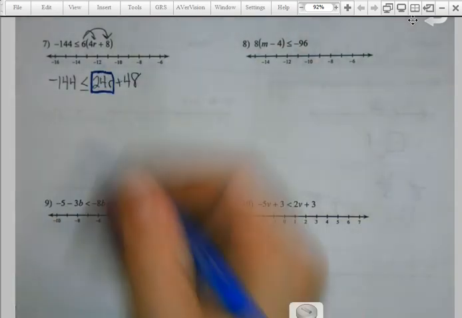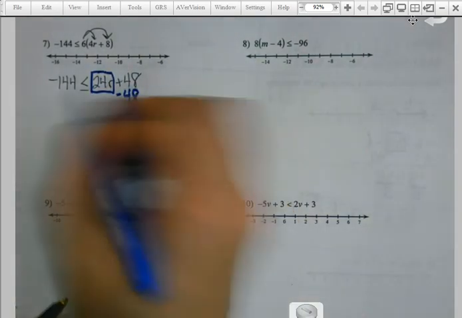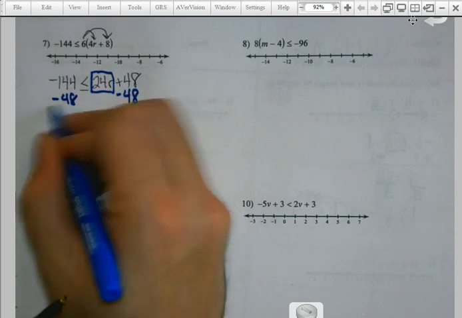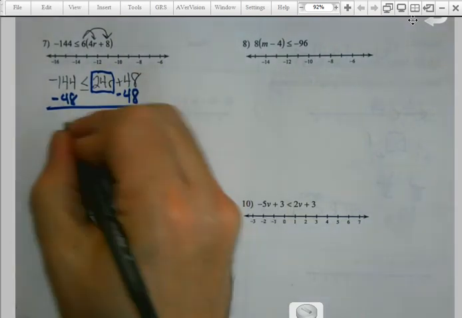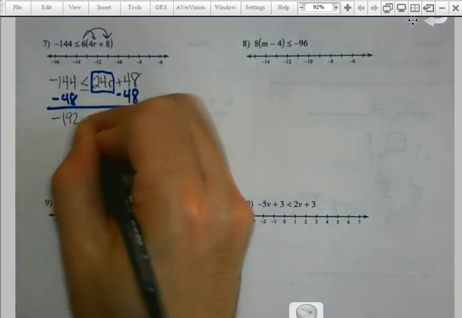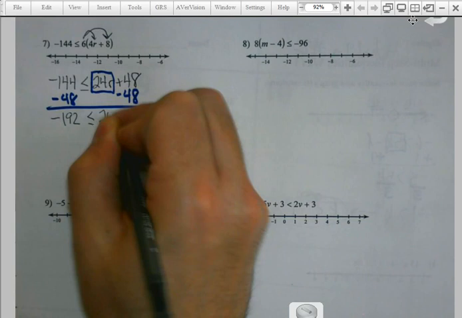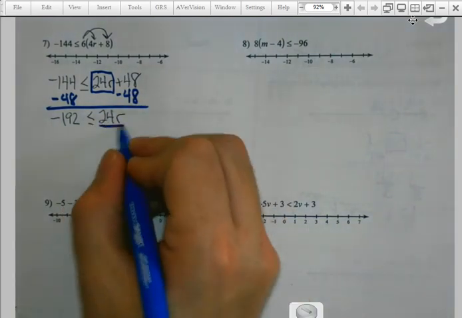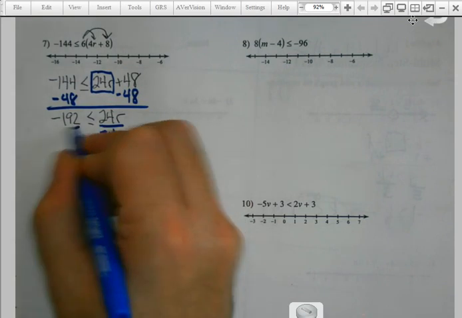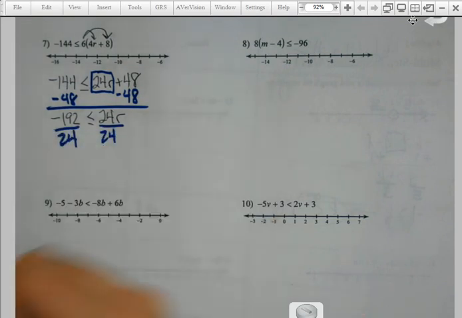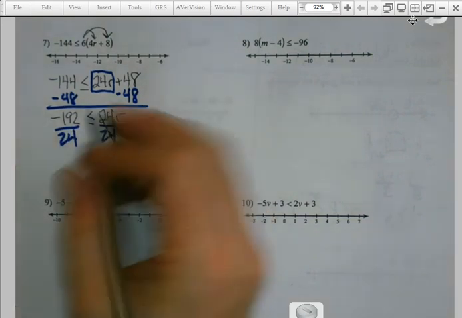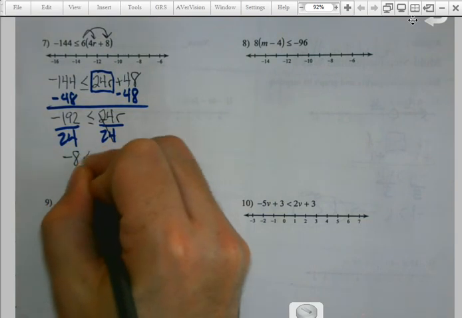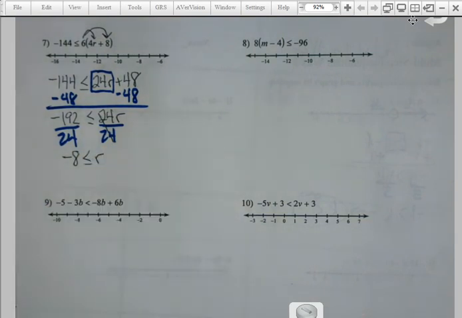Get that r by itself by doing the opposite. This time I don't have a negative value, so I'm not going to have to flip my arrow right away here. But if I divide by my 24, that actually goes in evenly.